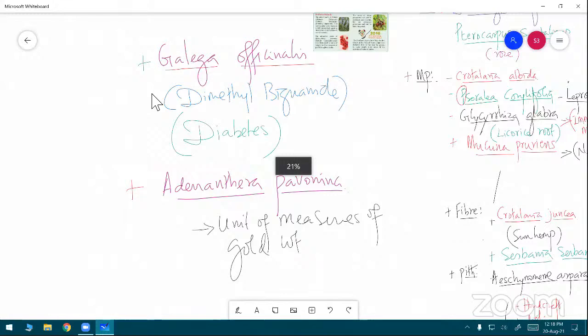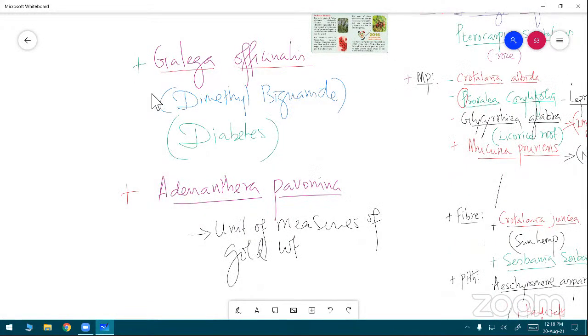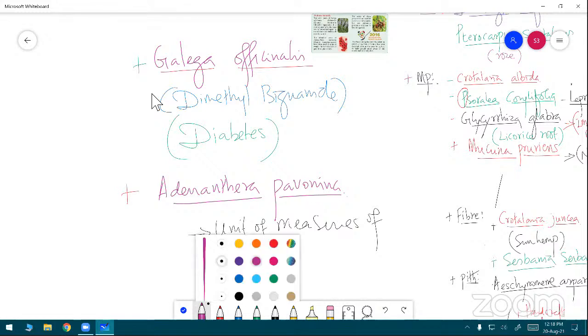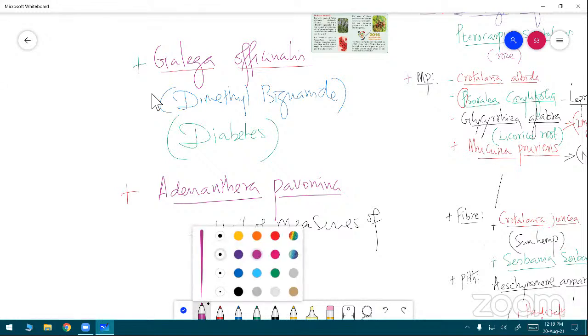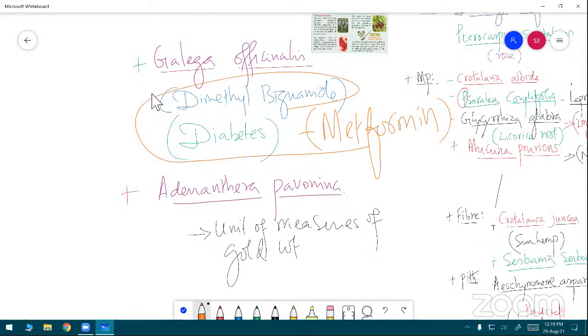Please mention the component present. Dimethyl biguanide, also known as metformin. Metformin is nothing but dimethyl biguanide, which is used in the treatment of diabetes.